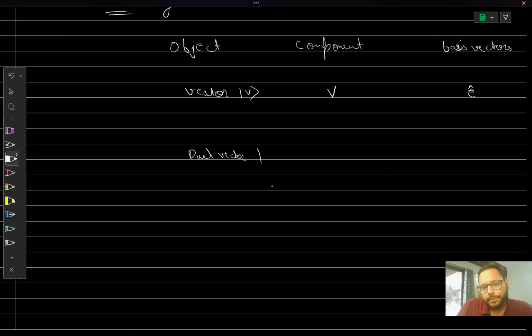It will have this component and this basis. Now these two do contravary. We have seen they vary oppositely.